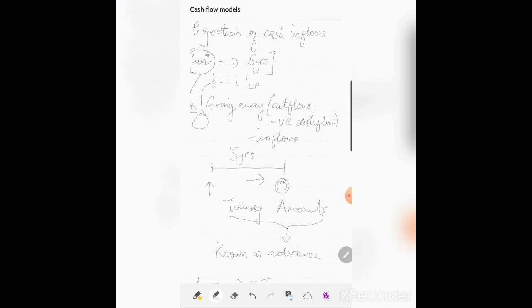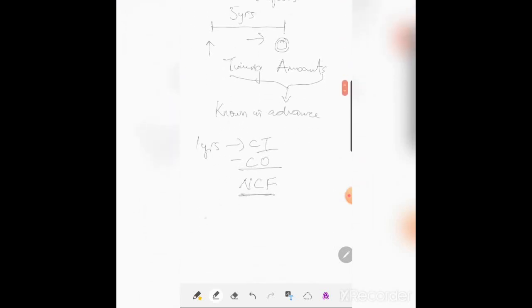Now, if the timing and the amount, both of them are uncertain, generally that is where we bring in the role of probabilities. So we try to assign, like, there's a 30% chance of receiving 500 bucks.